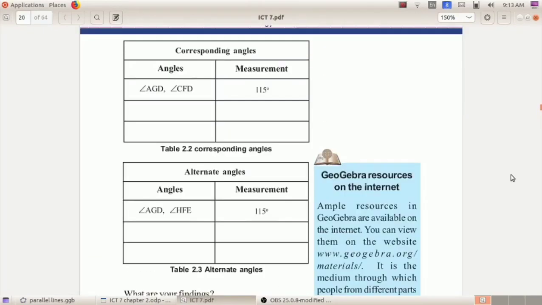Consider the first two tables, that is the tables for corresponding angles and alternate angles. After filling these two tables, we can see that always the corresponding angles will be equal and always the alternate angles will be equal in between parallel lines.